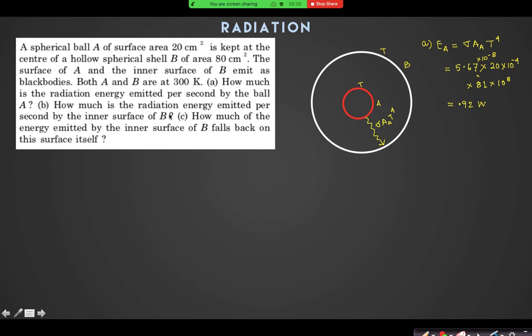How much is the radiation per second by the inner surface of B? It is only talking about the inner surface. Look, the outer surface of B will also emit radiation, but it is not talking about the outer surface, only the inner surface.